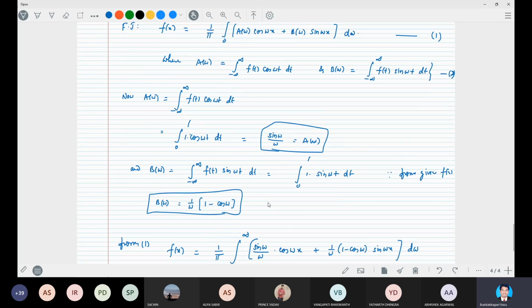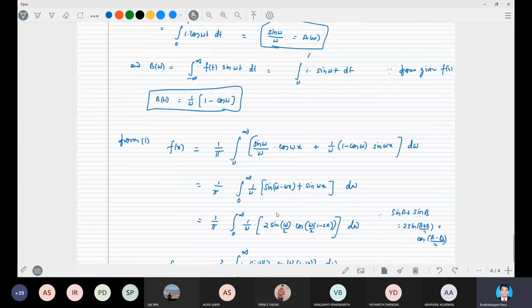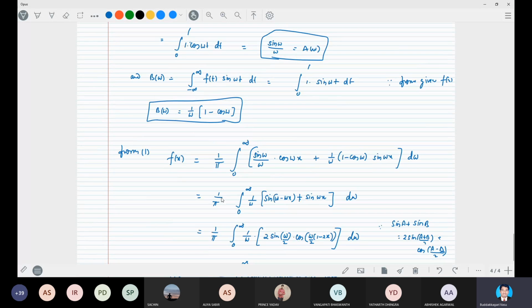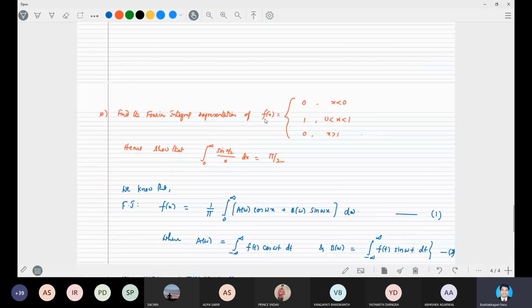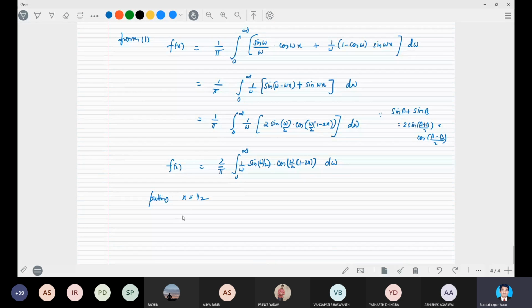So you may choose one point of continuity here for showing the value. Therefore, putting x equal to 1 by 2, where f(x) is continuous at x equal to 1 by 2, the value is 1, right?